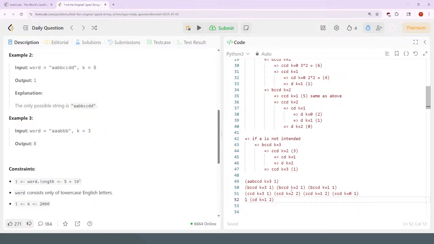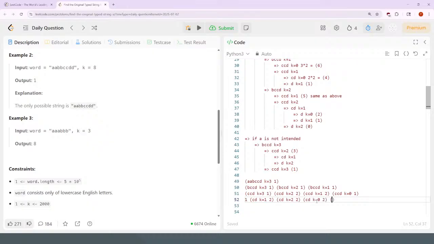So it has 2 here. Or it could be CDK equals 2, 2. This one, if I remove the first, K reduces by 0. K reduces to 0, so it'd be CDK equals 0. There's 2 things there.